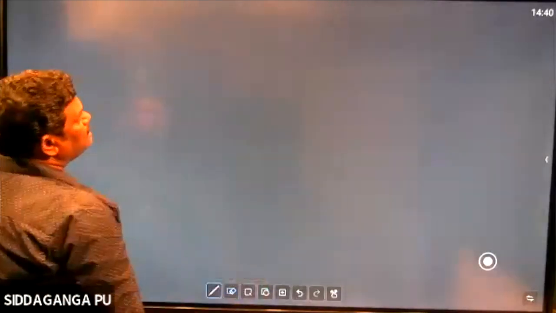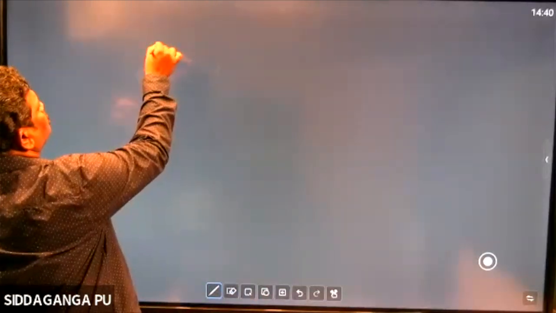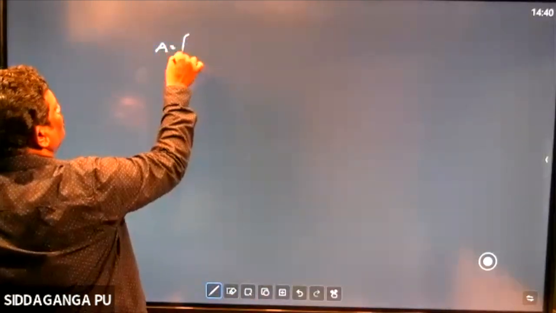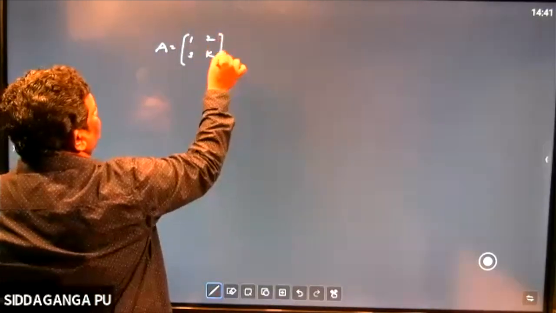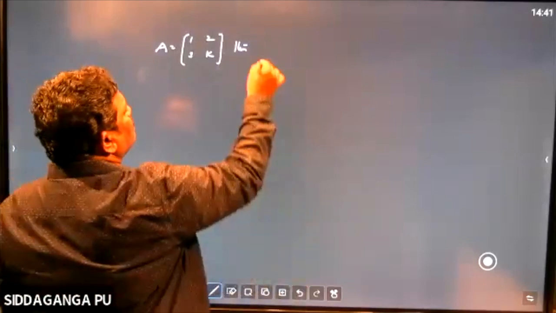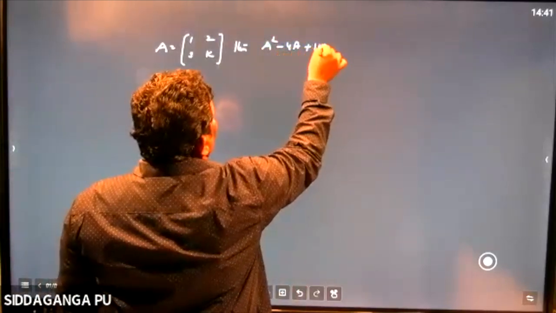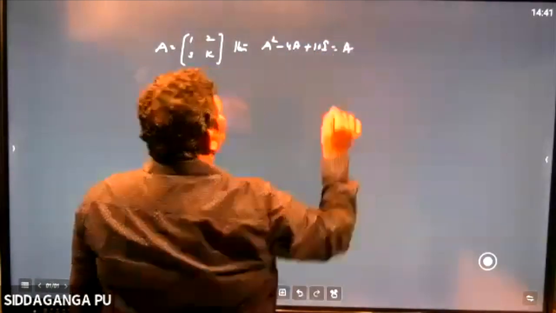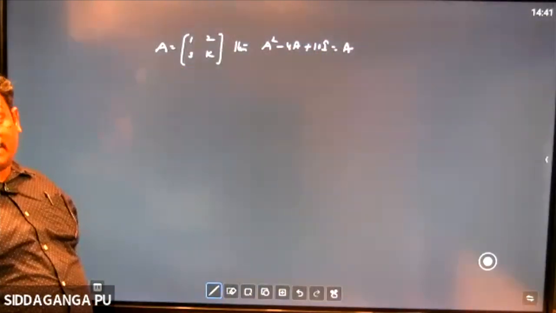Okay? After that they give some other type of questions. A is equal to 1, 2, 3, k given, and A square minus 4A plus 10I is equal to 0 given, then find the k value. But this one is very important.